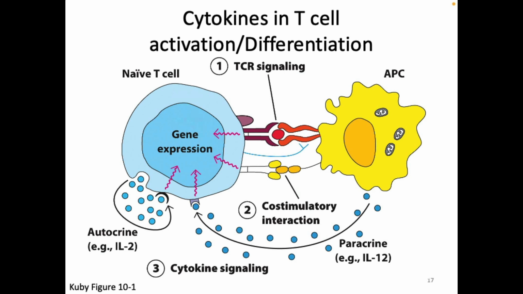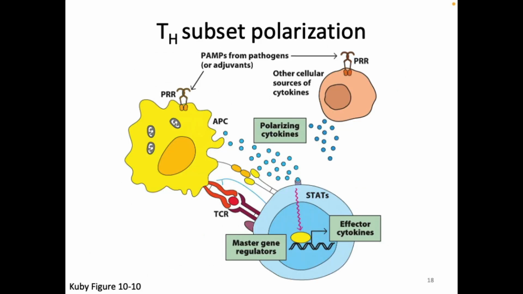And that is going to change what's going on in that helper T cell. It's going to help it differentiate to become an actual helper T cell instead of just a naive CD4. But it's also going to tell it what kind of helper T cell it should be. And so when we talk about helper T cells, we're going to talk about subsets of helper T cells. And so we're going to have to think a little bit about what are these different subsets.